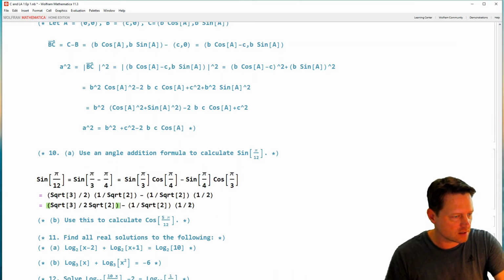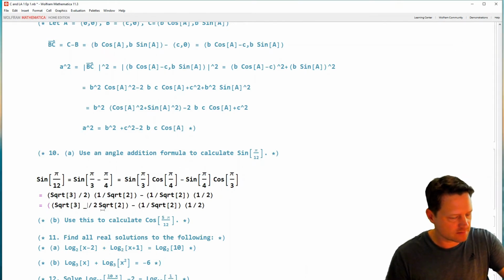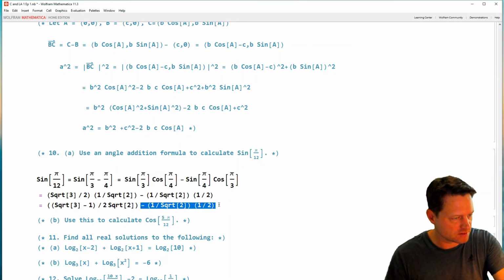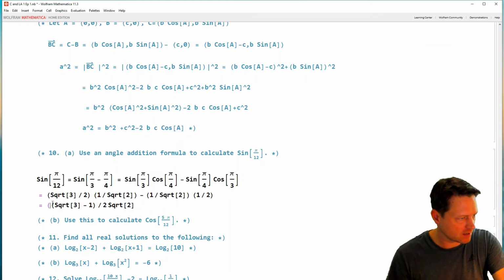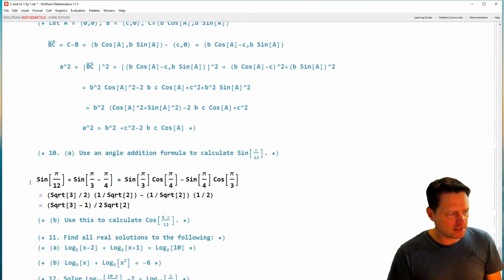Now this denominator is also 2 root 2, but the numerator is 1. So that means we have in the numerator here root 3 minus 1 all over 2 root 2. We can get rid of the extra brackets there. Okay, great. So that's complete.